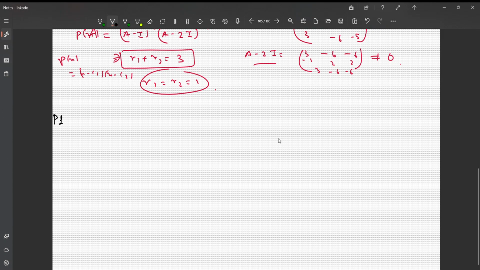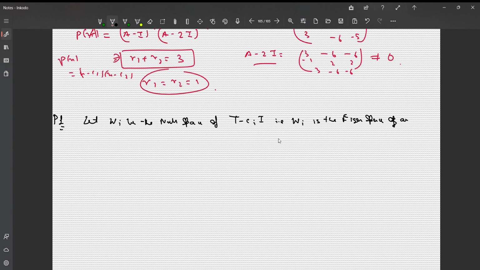So proof: let Wi be the null space of T minus Ci I. That is, Wi is the eigenspace associated with the eigenvalue Ci. Clear? So it's associated with the eigenvalue Ci.